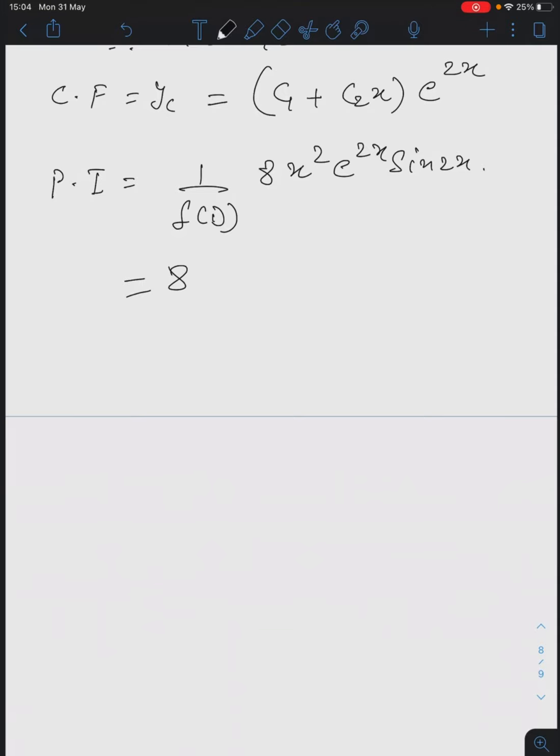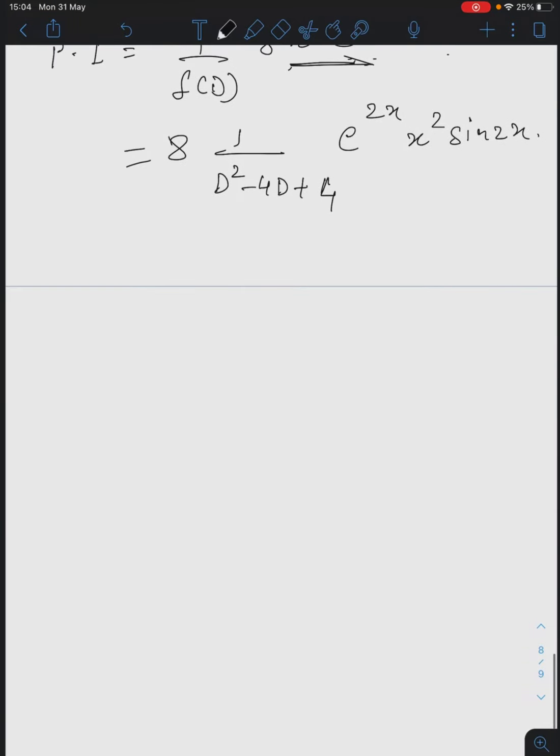Whenever both the terms x to the power m and e to the power 2x are in multiplication with something, always go for e to the power ax first. That means this will be 1 by f of d, which is d square minus 4d plus 4, applied on e to the power 2x, x square sine 2x.